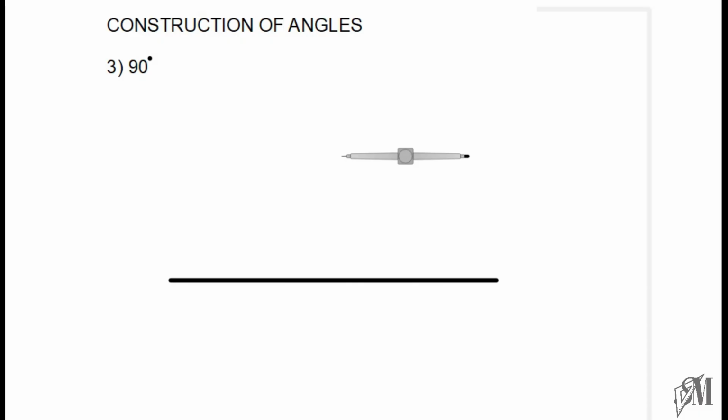The next part of this session is to see how to construct an angle of 90 degrees. So this would be very easy if you have followed my previous video on geometric series related to perpendicular straight lines. So first what we do is we draw a line, select a point on the line, place your compass on it and draw two arcs on either side of the point you selected like this.